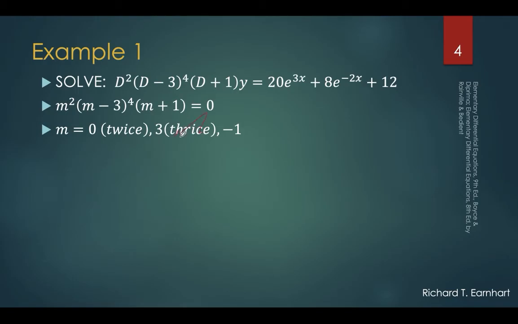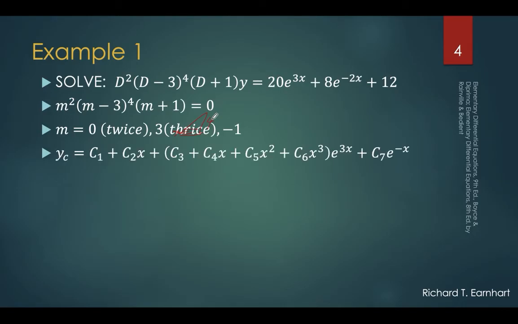So this is 4 times. When you write down your complementary solution, for 0 you have polynomials up to x, and then for identical roots with multiplicity of 4, you have 4 arbitrary constants, and the highest power should be k minus 1.